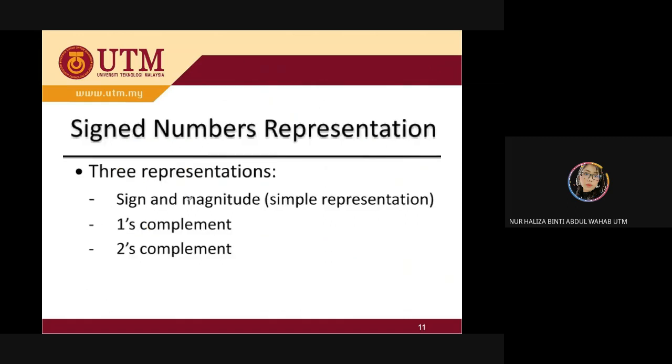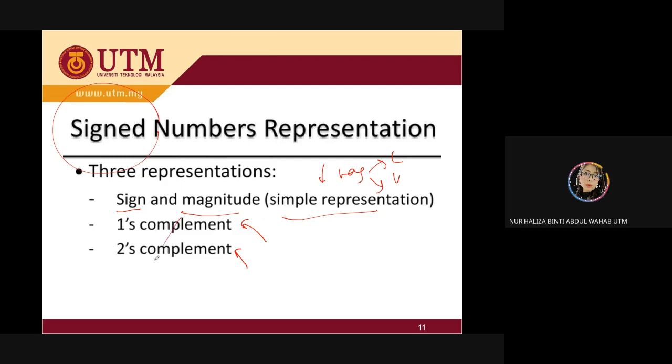Okay, signed number representation, which is still in our sign and magnitude simple representation. After this you're also going to look into the equation for you to calculate the range, lower bound and upper bound. And then you need to apply first complement and second complement for signed numbers only.